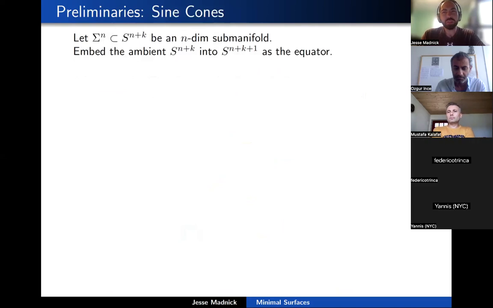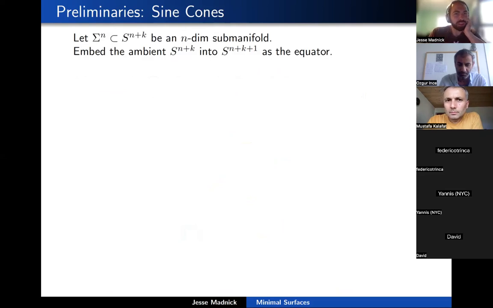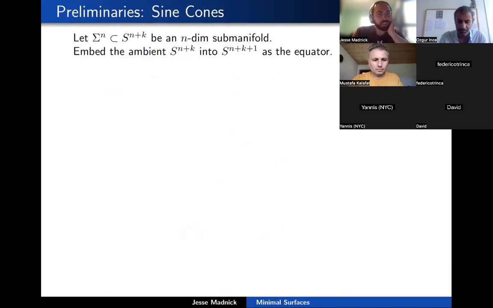One construction we'll need, only briefly, is the sine cone construction, which I wish were more widely known. So let sigma be an n-dimensional submanifold of the n plus k sphere, and think of the n plus k sphere now as the equator in the n plus k plus 1 sphere.